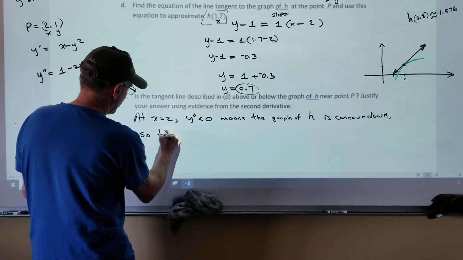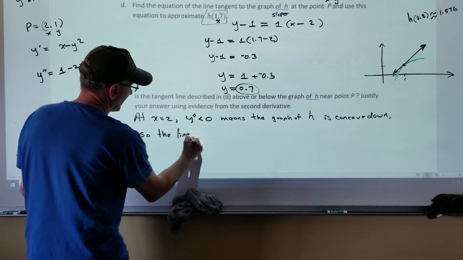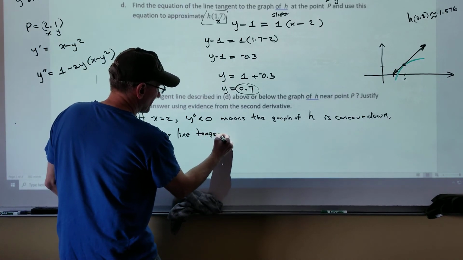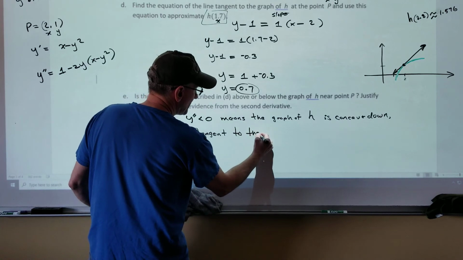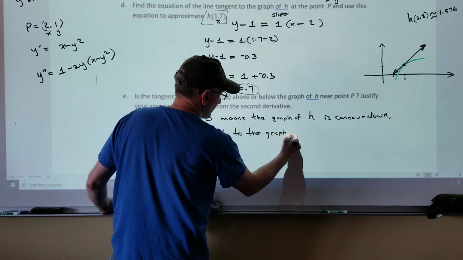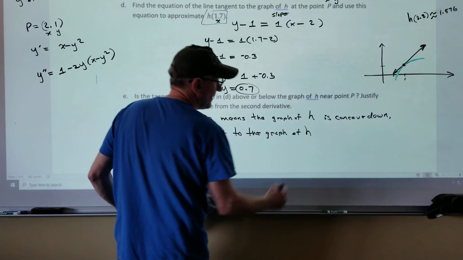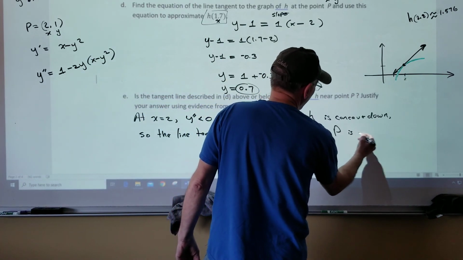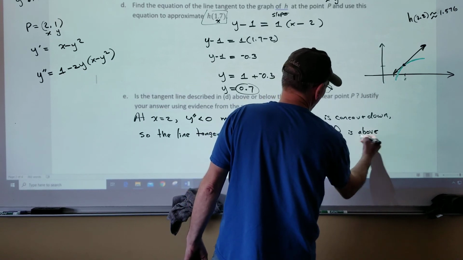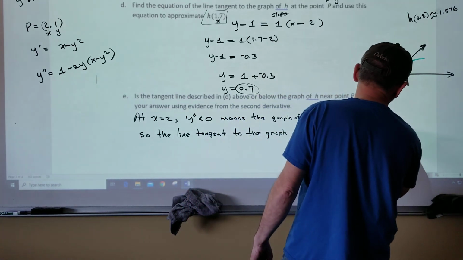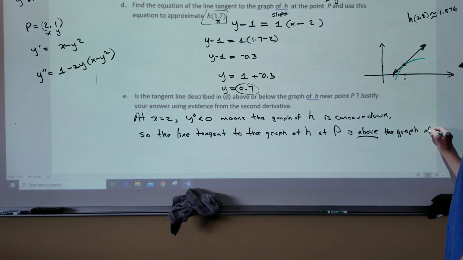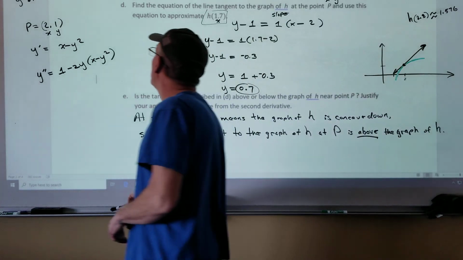So the tangent line, or more specifically the line tangent to the graph of h at the point P is above the graph of h. And I think that's the final item for this component.